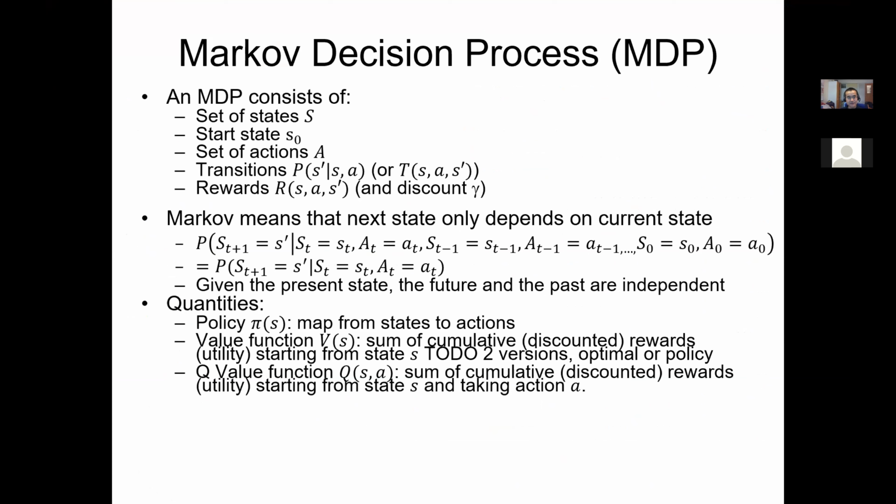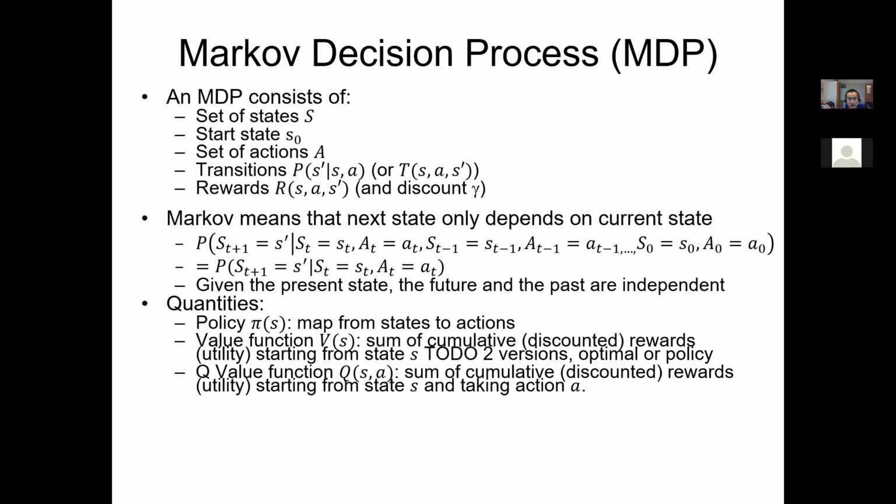MDP consists of a set of states, start state s0, set of actions A, transitions. The notation can be different. Basically, it's transitioning from state and action to a state prime, the next state, and rewards and discount gamma. So the term Markov means that the next state only depends on the current state.